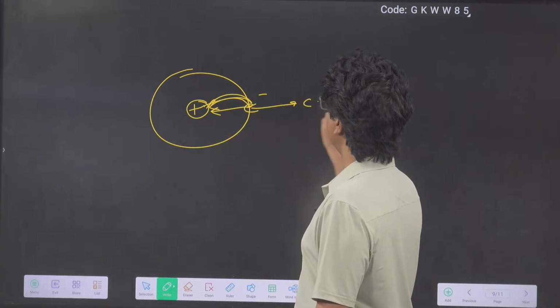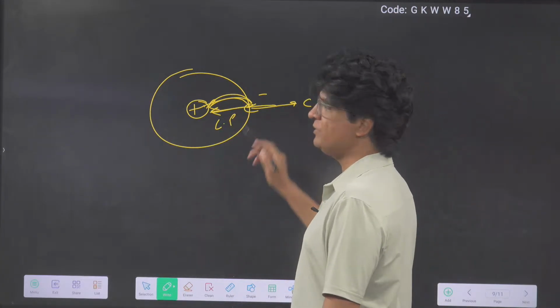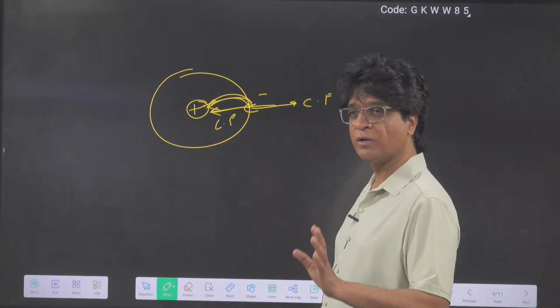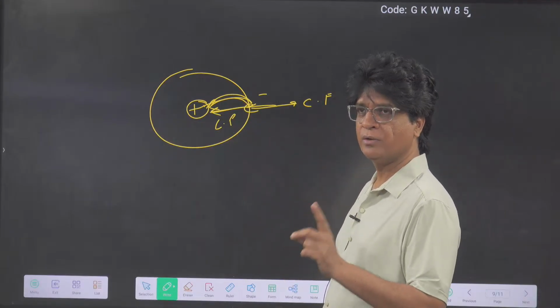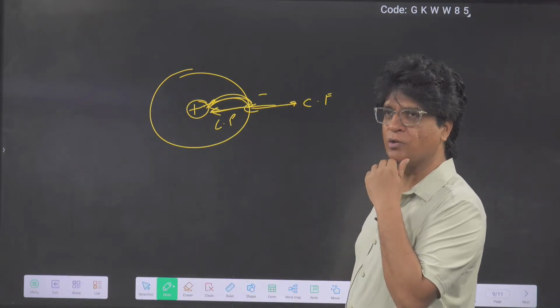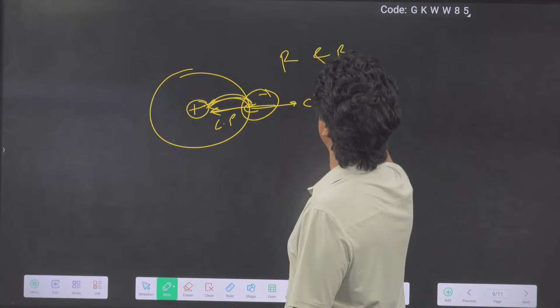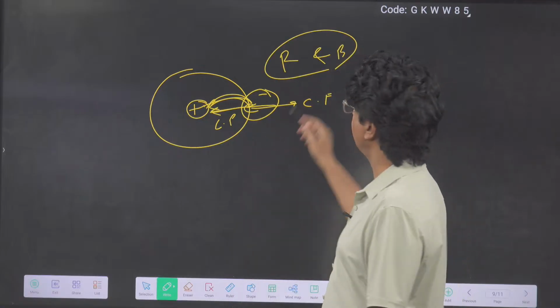Centrifugal force, right or not? This is the centripetal force, and this is the centrifugal force. They both balance. This is normally for what? Heavenly bodies, neutral bodies, not for charged bodies. I explained that yesterday also. And what you are explaining is basically the Rutherford and Bohr model, right? And both of them have failed.